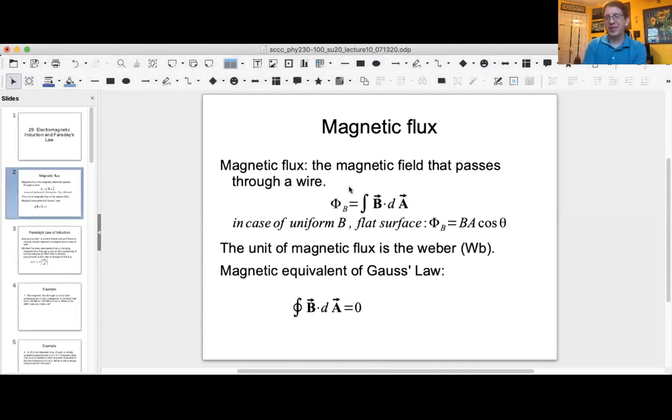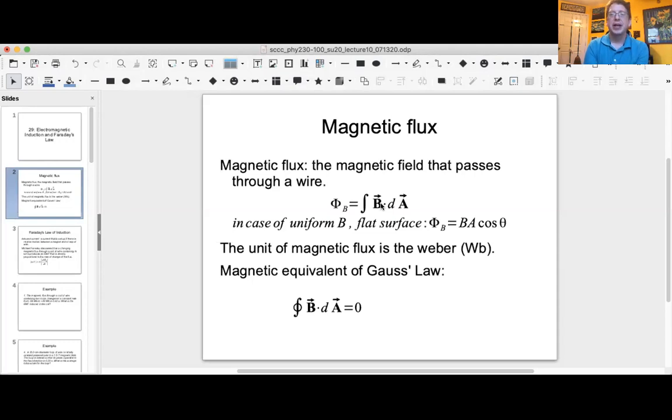Otherwise, it's very similar: dA is exactly what it was with the electric flux, and here you're taking the dot product, but instead of with the electric field, you're doing it with the magnetic field, and you're integrating. So that's the general version.